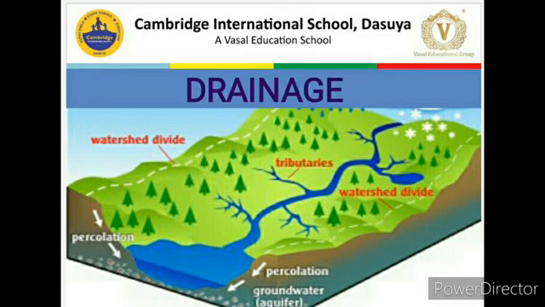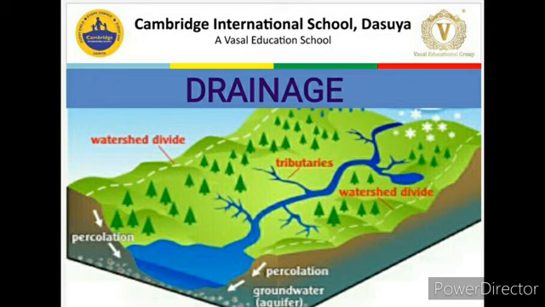A tributary is a stream flowing into the large river and thus increasing the water volume of the main river, while a distributary is a stream or river which flows away from a large river and it decreases the volume of water of the main river. Basically, tributary means a stream adding up to the river, while distributary means dividing the river into different streams or rivers.